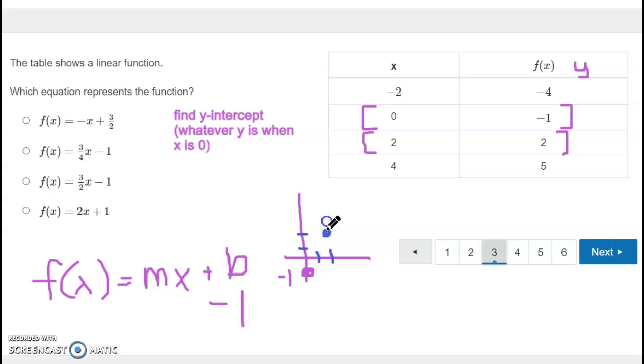What is my rise and my run to get from -1 to 2, 2? Well, we have to go up 1, 2, 3 and over by 2. We have to go up 3 and over by 2.